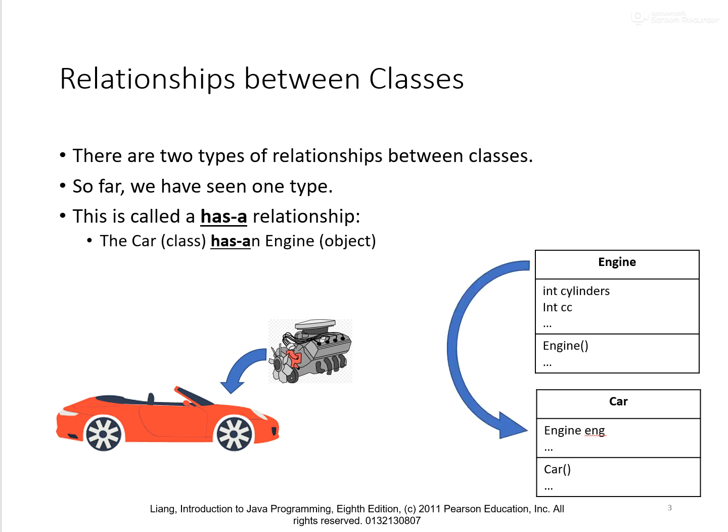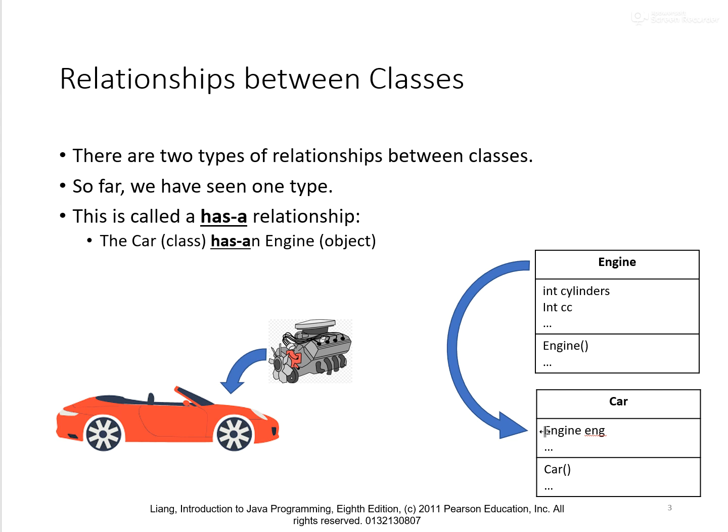And we've kind of seen that in the sense that if we want to model this figure that we have in front of us here, a car and an engine, we could make a class called engine, and that could contain some member variables, like how many cylinders the engine has, the size of the engine, how many cc's it has. It'll have its own constructor and maybe some other methods. And then we could have a separate class for the car. The car will have its own methods, and can have its own member variables, of course.